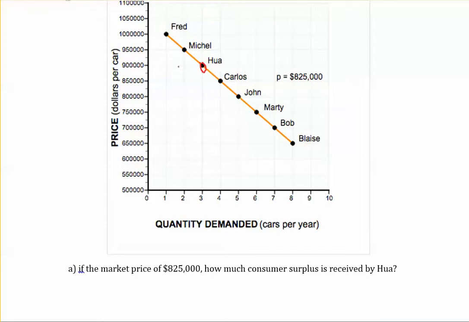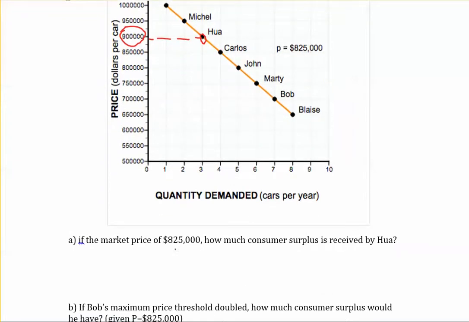Corresponding to Hua, we find the price, so that is $900,000. Which means Hua's willingness to pay is $900,000. However, the market price is lower than Hua's maximum willingness to pay.